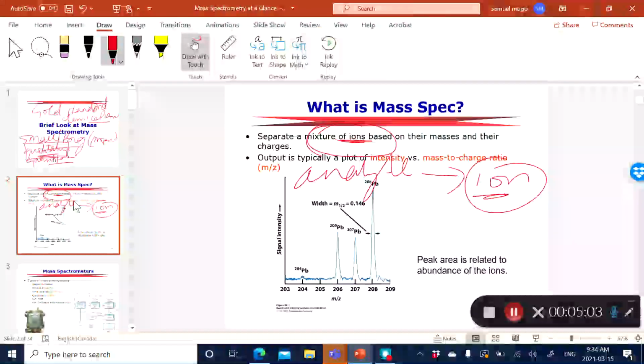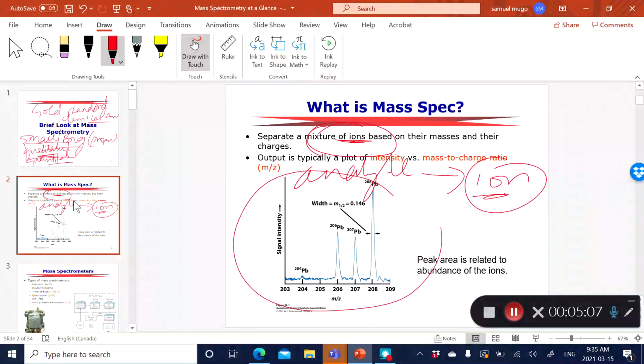Now, the type of output that you get then looks like this. You detect an ion, and essentially what you are detecting are masses of an ion. And that's why in the x-axis here, for the output that you get in a mass spectrometer, you are detecting the mass to charge of the ion.